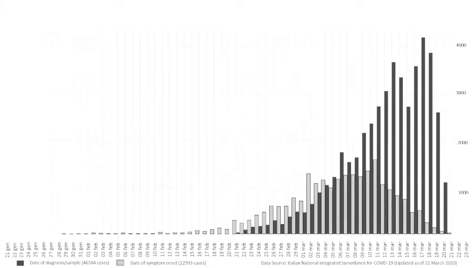Then I showed you the arrows. But then we went back to the cases, tracking the contacts and the symptoms. We went back to the end of January, so we have 3 periods.